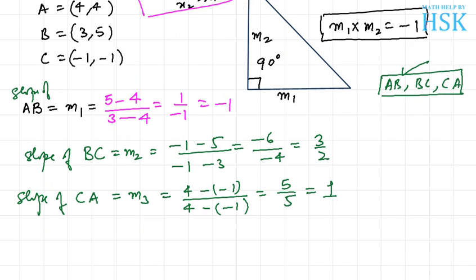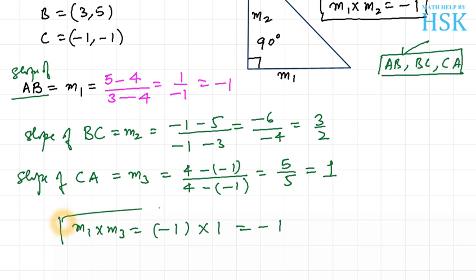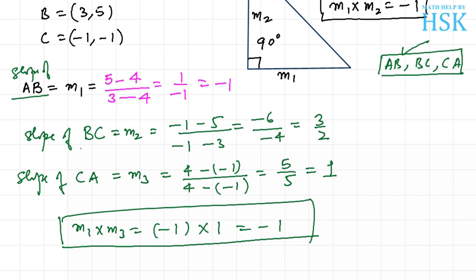Now we see here that M1 into M3 is equal to -1 into 1, that is equal to -1. So 2 sides are such that they satisfy the condition of perpendicularity.